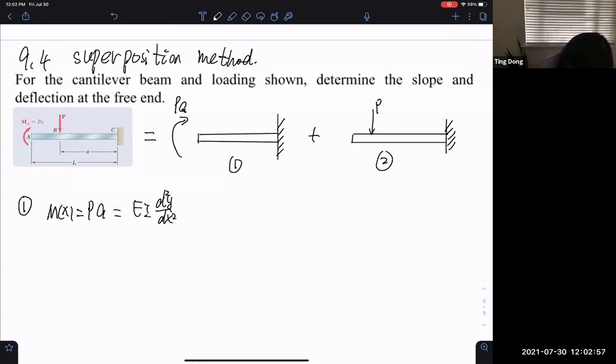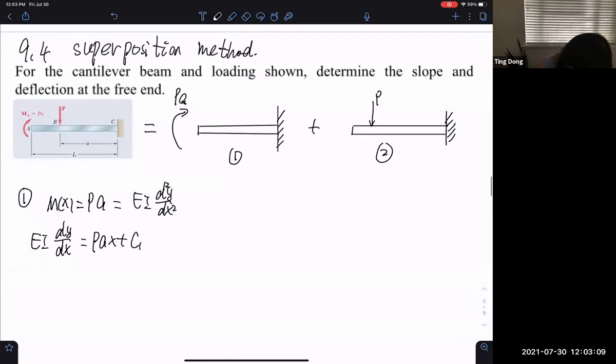So integrate once, we have EI dy/dx = PAx + C1. And integrate again, we have the deflection EIy = PA x²/2 + C1x + C2.